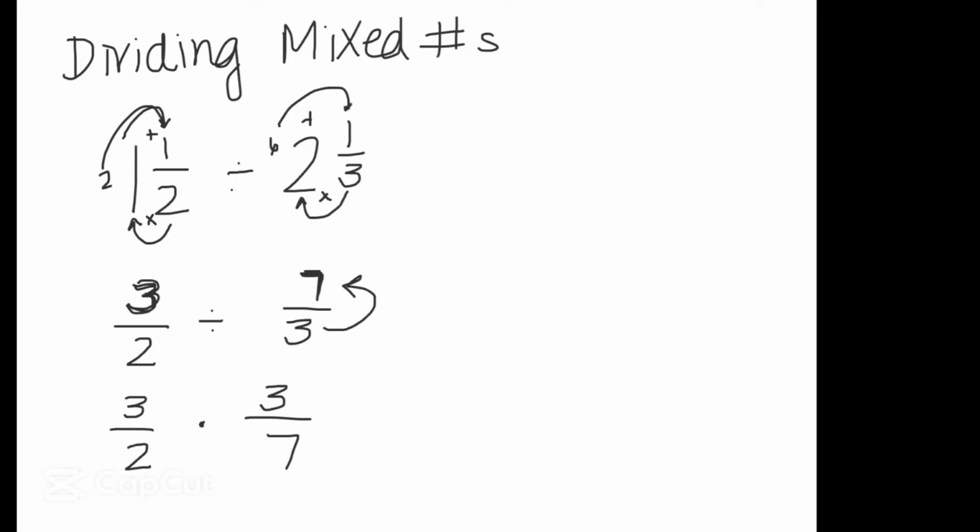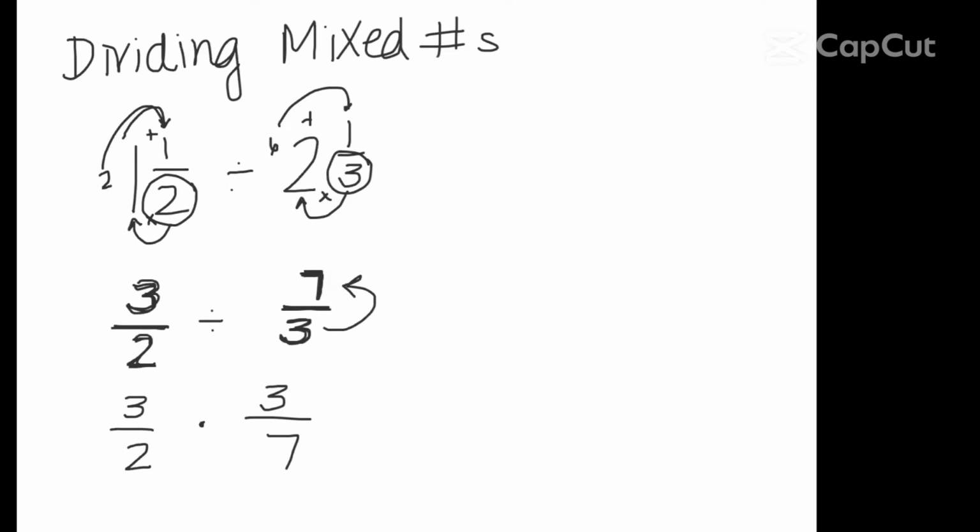That gives me 7. That's how I got this numerator. And then the denominator stays the same. This is the denominator, this is the denominator. So the 2 stays the same, and the 3 stays the same. Does that make more sense, Alyssa? Yes, thank you. No problem.